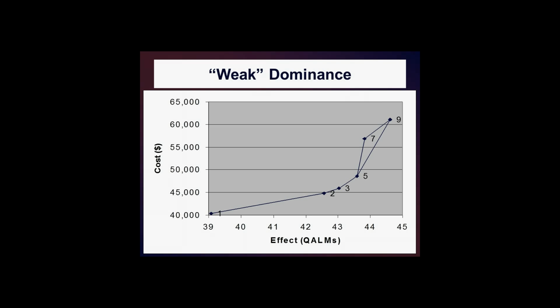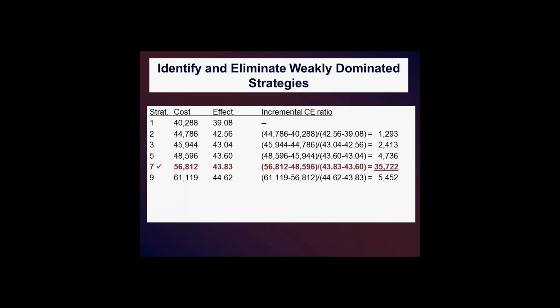The curve is concave. And if you look at the cost effectiveness ratios, we're going along 1,200, 2,400, 4,700, 25,000, 5,000. What that says is I can always beat 7 by some combination of 5 and 9.